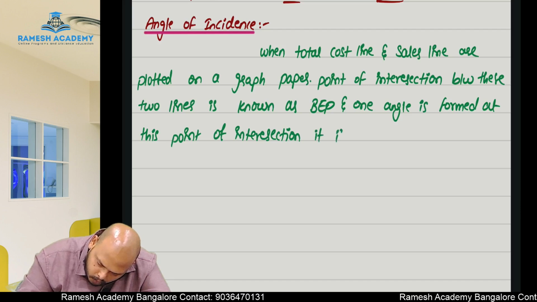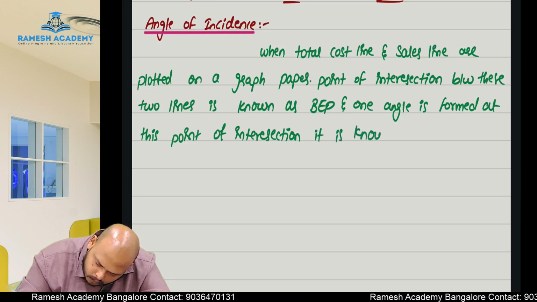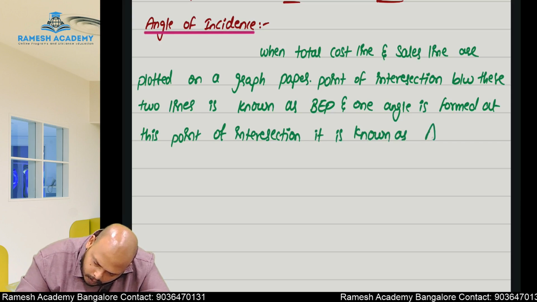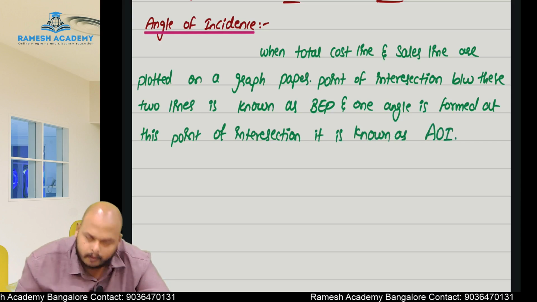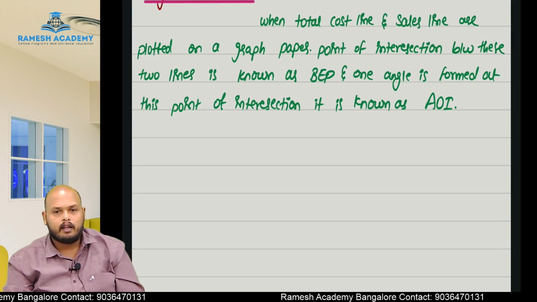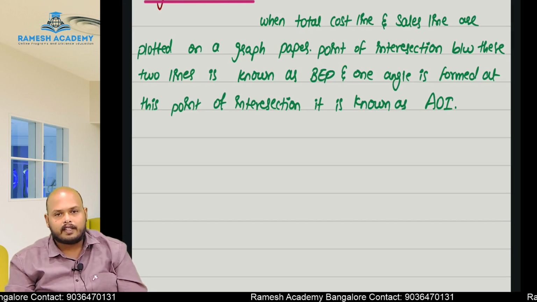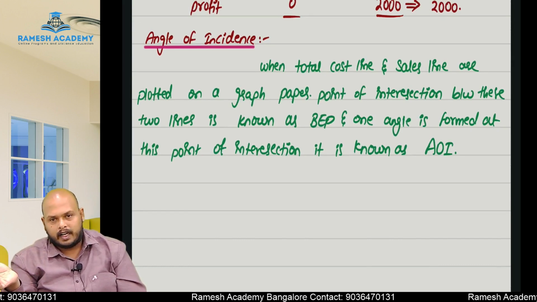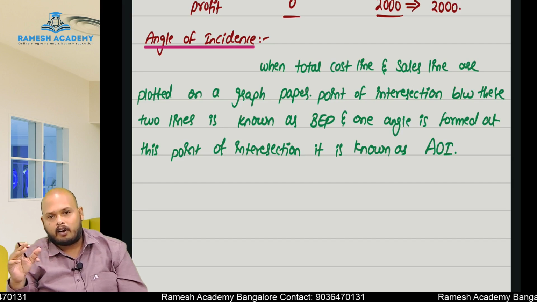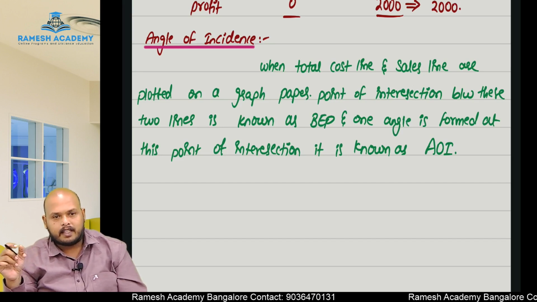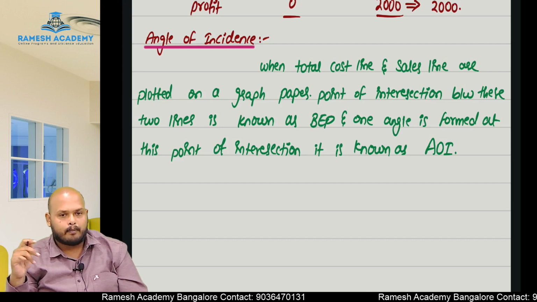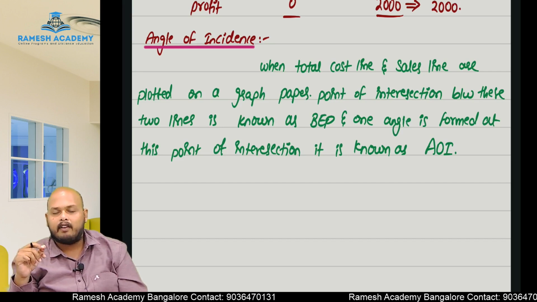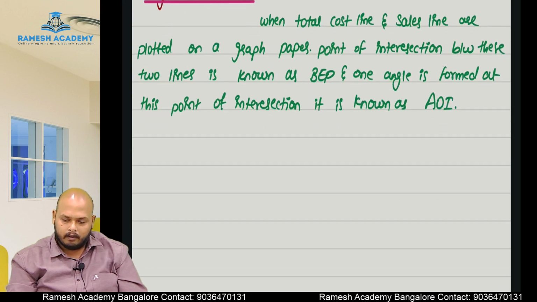It is known as AOI, angle of incidence. It is known as what? Angle of incidence. When we are plotting the total cost line and sales line on a graph paper, the point of intersection between these two lines is called break even point. At this break even point, one angle will be formed, that is called the angle of incidence.